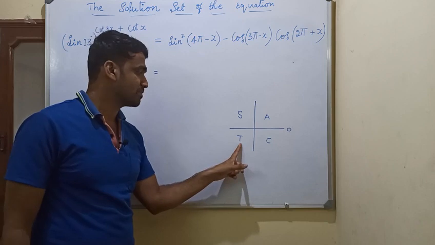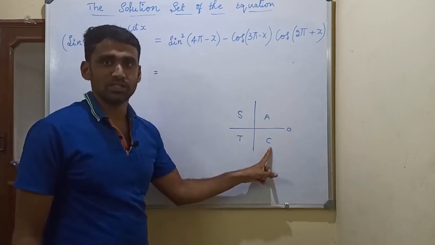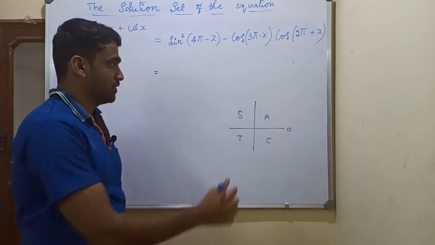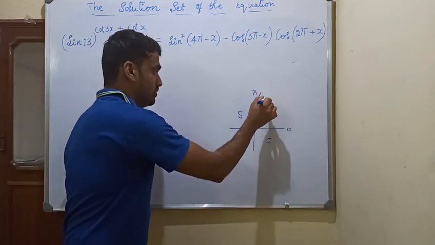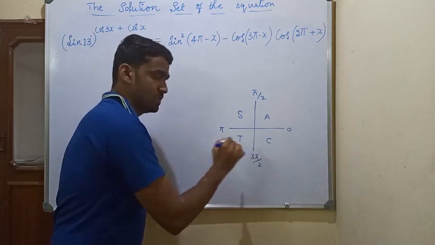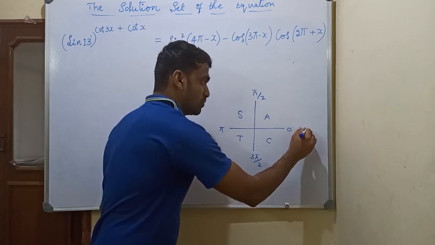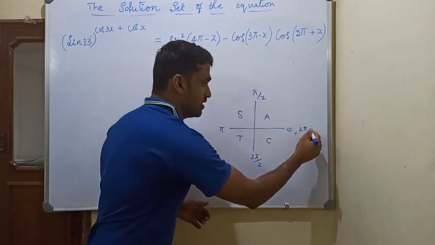Here tan and its reciprocal cot are positive. Here cos and its reciprocal secant are positive. Which means here π/2, here π, here 3π/2, and here for 1 complete rotation, which is 2π. For 2 complete rotations, 4π.